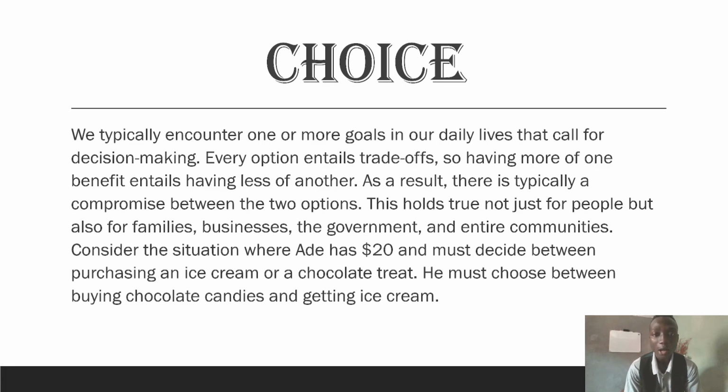Let's not forget the fact that we need to make decisions. We have to do a trade-off. Definitely, that is certain. For you to make a choice, you have to make decisions, and in your decision, you have to do a trade-off. Because let's not forget that human needs are insatiable.